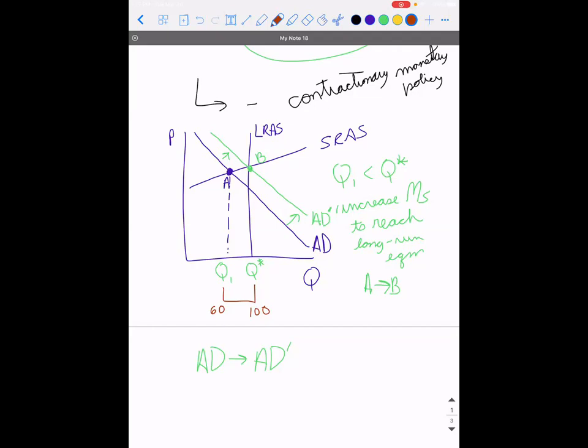Rather, it only needs to print a fraction of that amount in order to push the economy there. To know what that fraction is, that's where we need to know things like the reserve requirement, and then calculate the multiplier and go from there. Okay, so now let's go to the question.